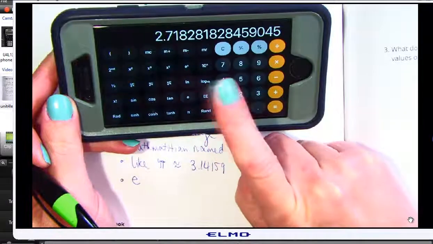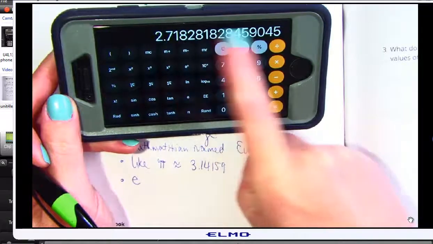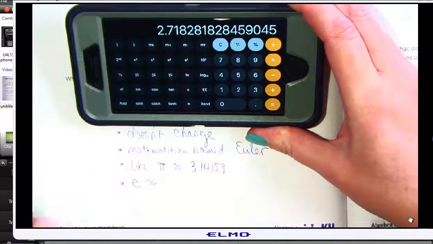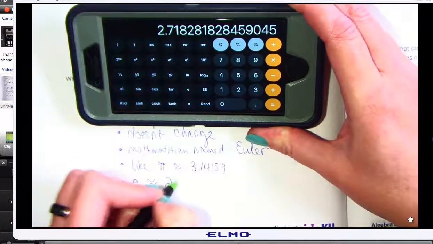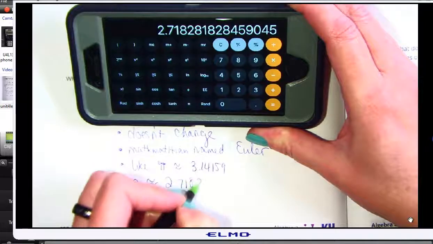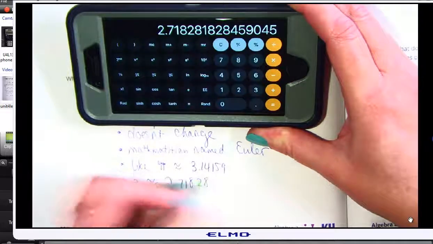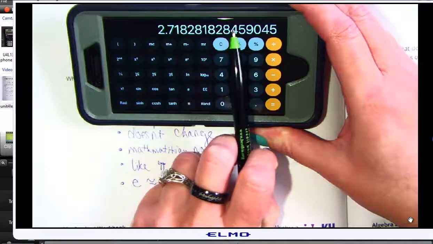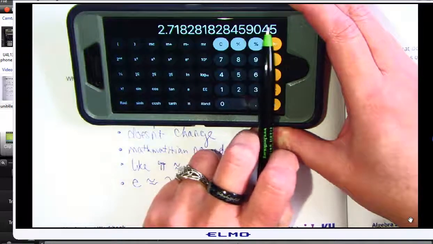And when I just hit e, I see what that number is equivalent to. e is really close to 2.71828, and then it goes 1828 for a while, but then it has a 4590459.